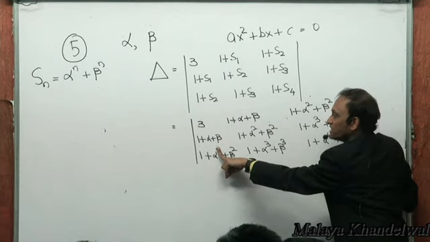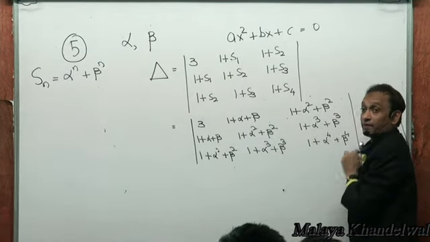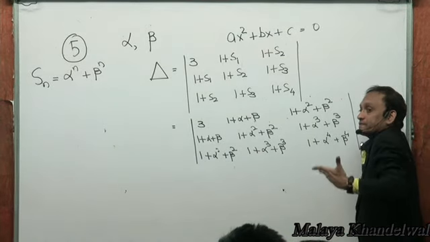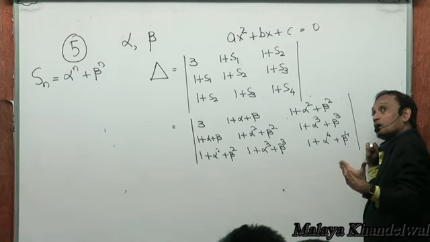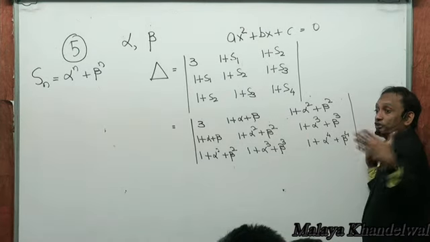Aij is the same as Aji. You convert rows into columns and columns into rows, the determinant will remain the same. Perhaps, and it may not always happen, since it's a symmetric determinant, it might be the square of another determinant.